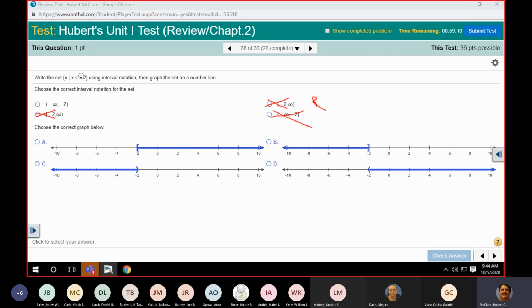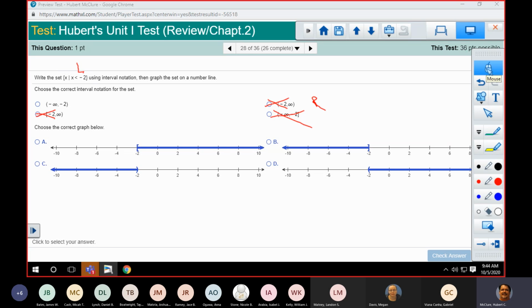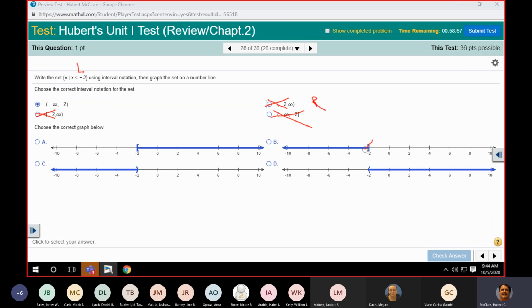Less than means left, so this one's left. And which one? Well, I can take out the brackets again, because we've got a less than, so that means brackets are out. So I believe it's Charlie.